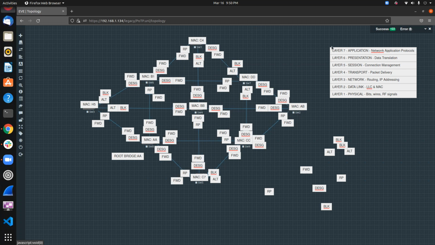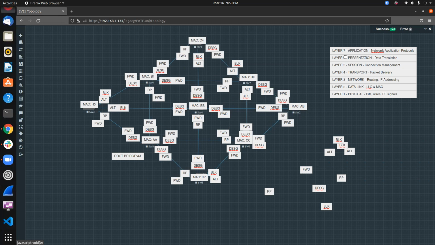So designated and designated, when they're saying the links we have left, they mean the ones that aren't connected to the root bridge. After we go through every switch and determine the root port and the designated port, then you have a link left in the middle like Mac BB and Mac AB, and you run through the process of determining the lowest cost, the lowest priority number, the lowest MAC address.